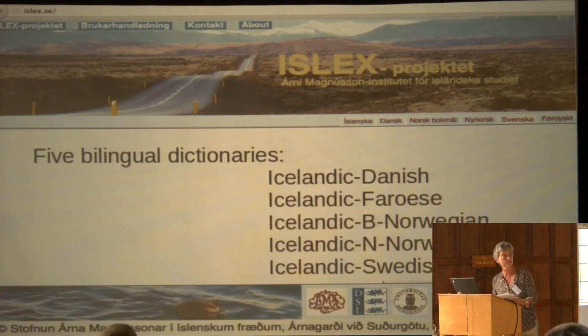Icelandic-Danish, Icelandic-Faroese, Icelandic-Bokmål Norwegian and Nynorsk, both varieties there, and Icelandic-Swedish. Icelandic-Finnish is still in progress. The eLex resource is, however, not meant to be a bilingual dictionary between any other constellation of the 2 languages. That is not a Danish-Swedish dictionary.